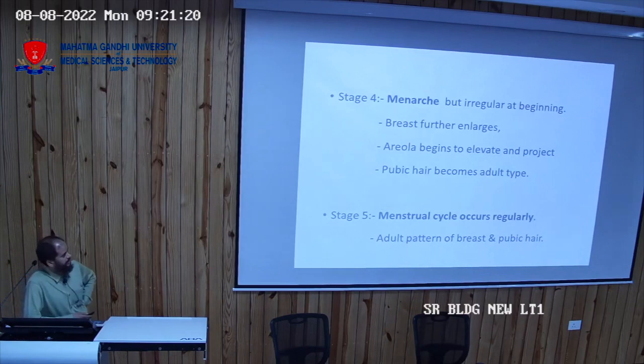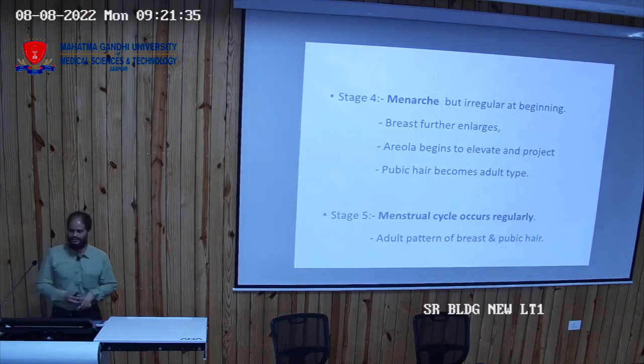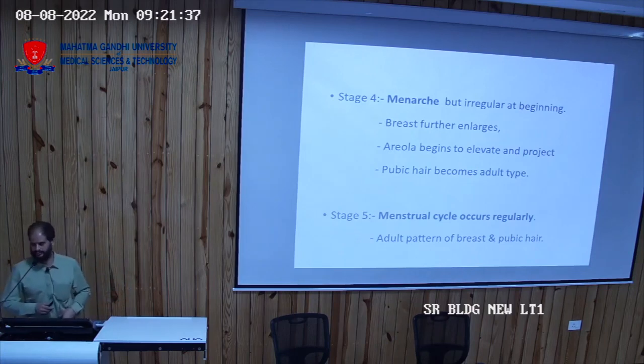Obviously the breast will further enlarge and areolar development will start, begins to elevate and project, pubic hair becomes adult. In stage 5, the menstrual cycle will become regular and all the adult patterns will be attained.